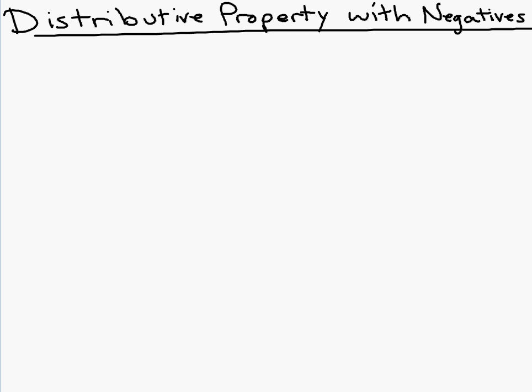All right, today we're going to work with the distributive property some more, but now we're going to do it with negative numbers. So let's just start with the review problem and make sure that we know what's going on with the distributive property the way we learned it yesterday.